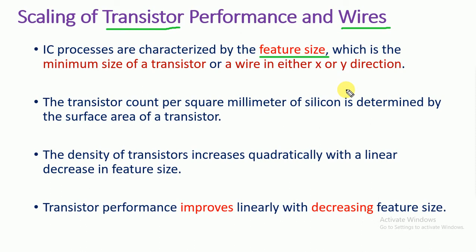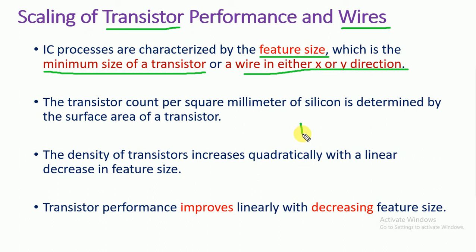In your PC you can see very small ICs as well as some larger ICs like the processor. Feature size is the minimum size of a transistor or a wire in either the X or Y direction. So the feature size will be decided based on the size of the transistor or the wire present in both directions of the integrated circuit device. The transistor count per square millimeter of silicon is determined by the surface area of a transistor.